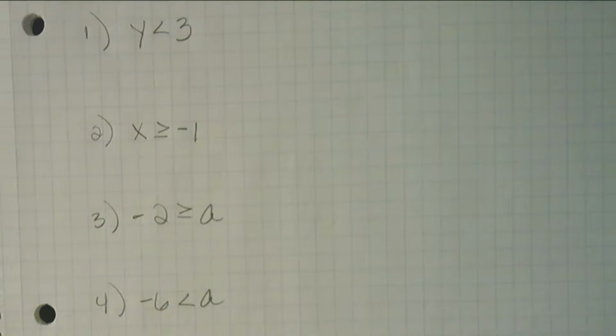So there are all 4 of them. You're graphing them all on a different graph.